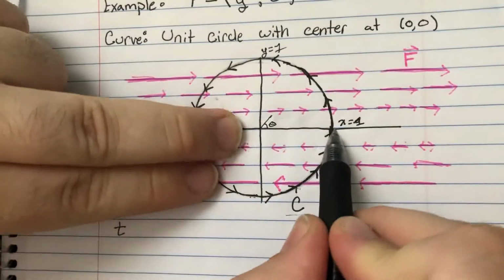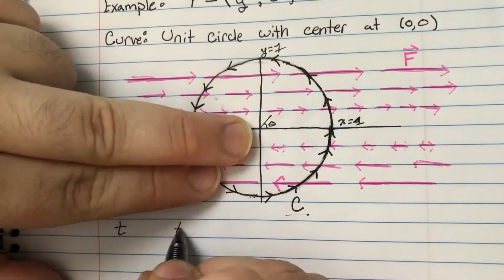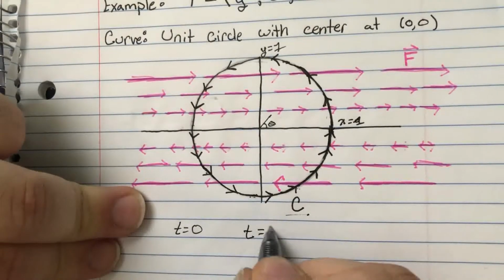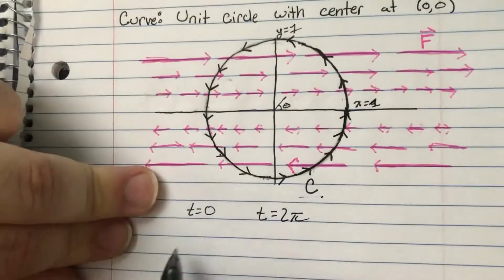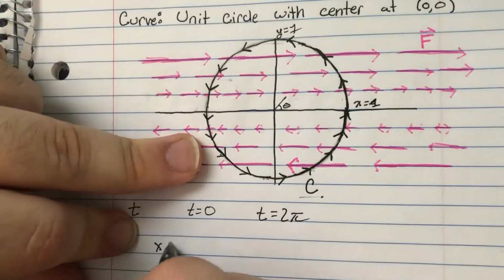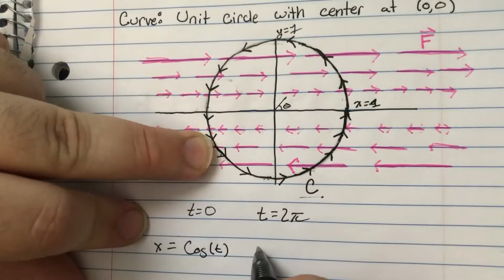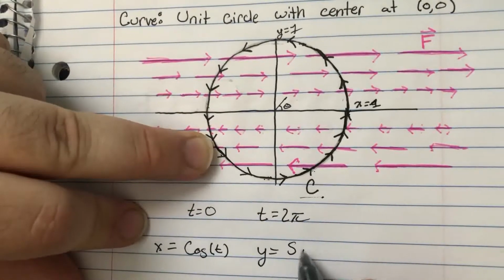So we'll start at t equals 0, and we will go around to t equals 2 pi. In this case, x would be equal to the cosine of t, and our y would be equal to the sine of t.